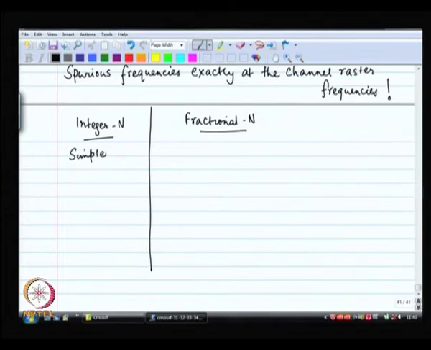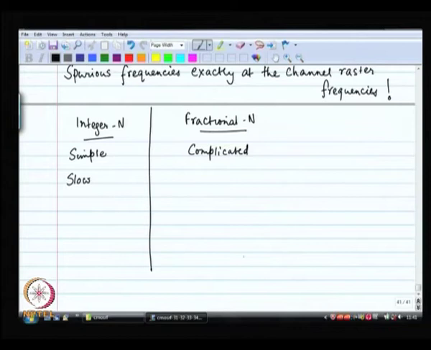Let us do a head on comparison of the two techniques that we have learnt so far. Integer n simple, fractional n complicated. It is more difficult to understand what is going on. Next, integer n is slow, it is very slow.